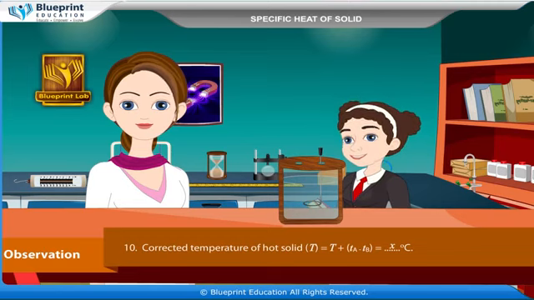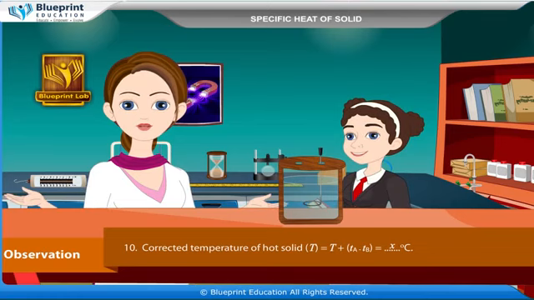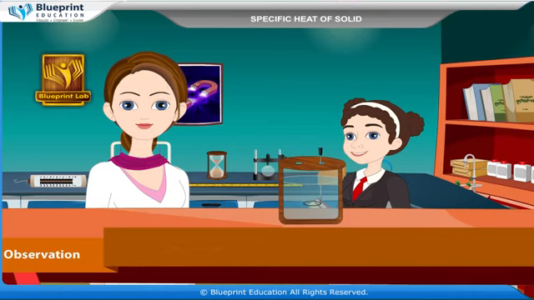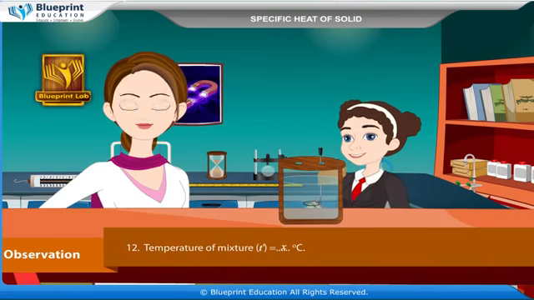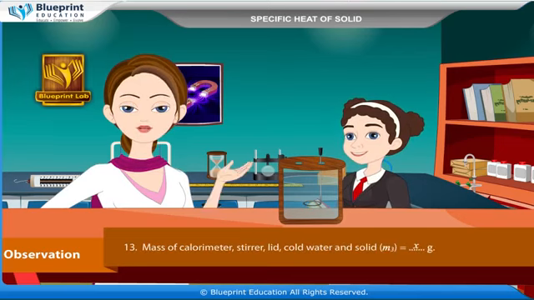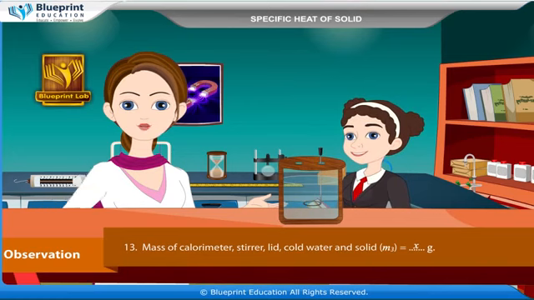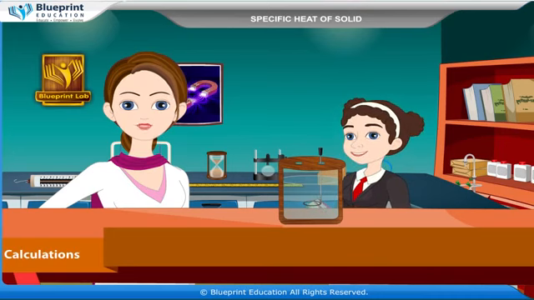Corrected temperature of hot solid, T, is equal to T plus TA minus TB, is equal to X degrees Celsius. Temperature of cold water, t, is equal to X degrees Celsius. Temperature of mixture, t dash, is equal to X degrees Celsius. Mass of calorimeter, stirrer, lid, cold water and solid, M3, is equal to X gram.